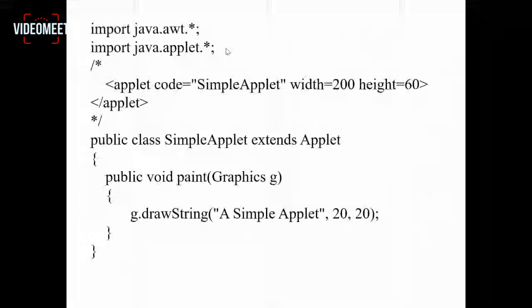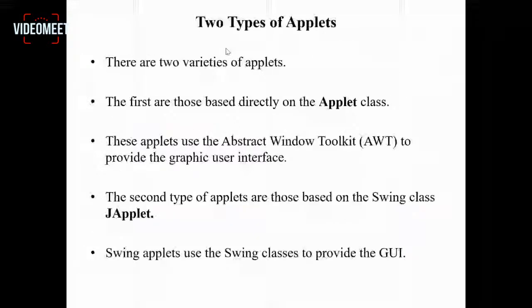So you don't have a main method here. Now that you understood how applets are created, compiled and executed, let us go into types of applets. There are two varieties of applets.